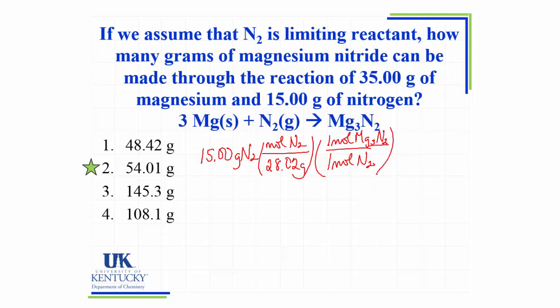Even though it's a 1-to-1 ratio, I'm going to put it in there so that my units work out correctly. And then I look at the molar mass of magnesium nitride, which is 100.95 grams per mole of Mg3N2. After I do the calculation, I find that I have 54.01 grams of magnesium nitride. So when I assume that nitrogen is the limiting reagent, I can produce 54.01 grams of my product.